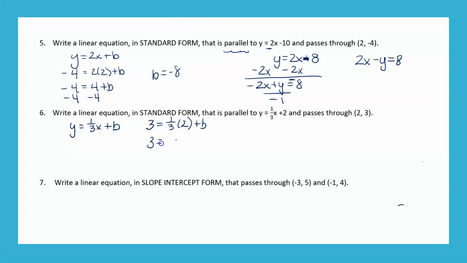So 3 equals 2/3 plus b. If I subtract 2/3 from both sides, we have b equals 2 1/3, which is the same as 7/3.